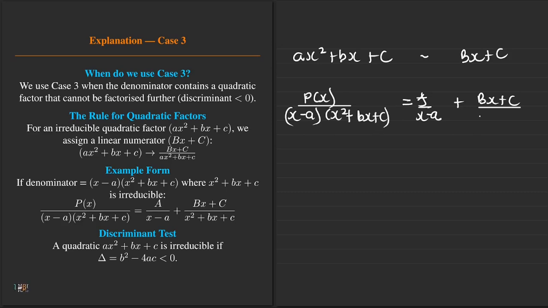Then you put down your quadratic. If you're able to get this decomposition formula, the rest is up to you to solve by taking your time and then applying the basic rules we have already discussed.